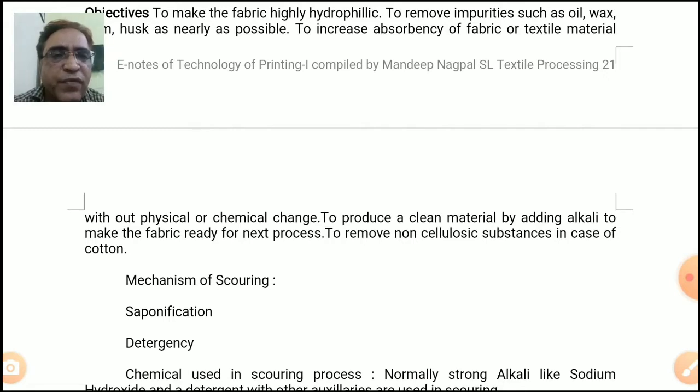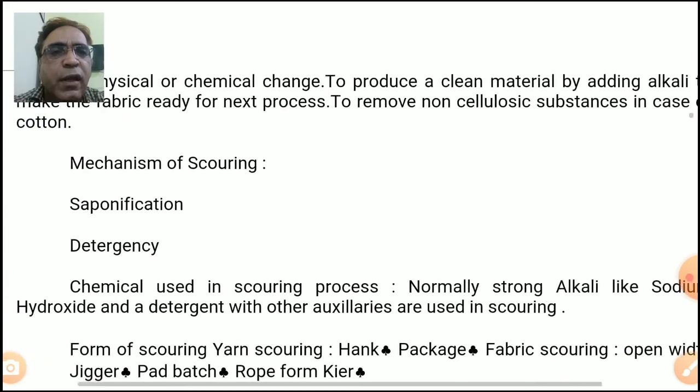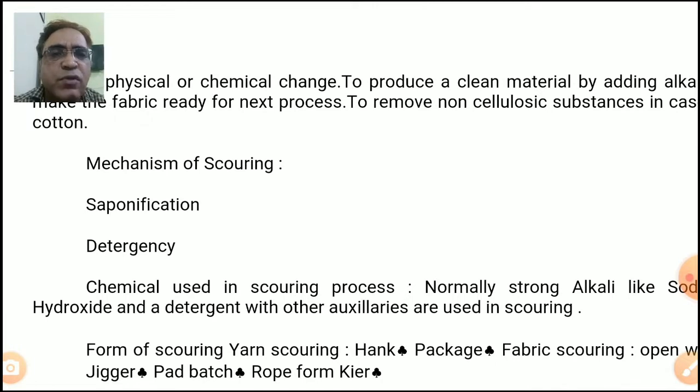One is saponification, the other is detergency. These are the parts of the mechanism of scouring. As you are seeing in your notes on the screen, the mechanism of scouring includes saponification and detergency. Saponification means removal of the oils which can be removed by the action of some alkali.